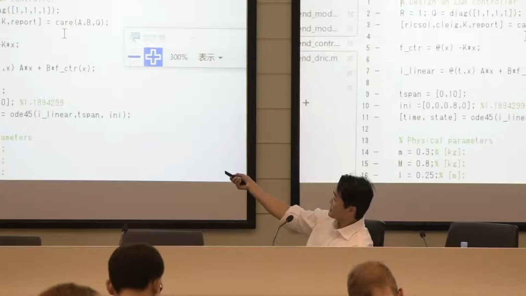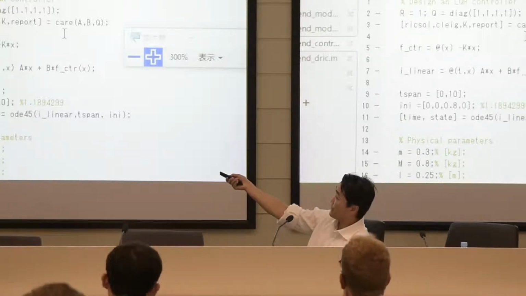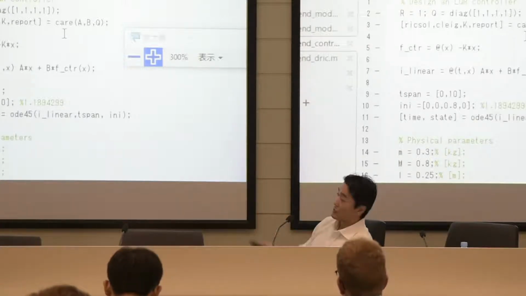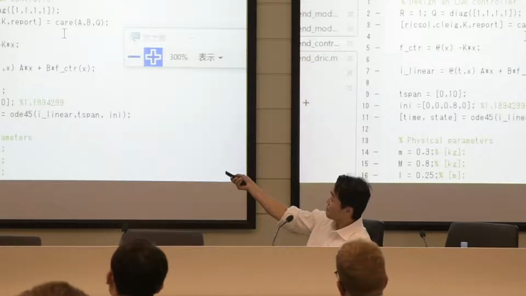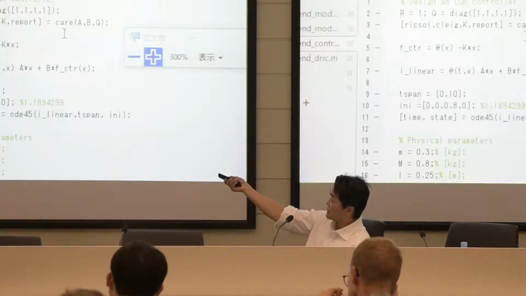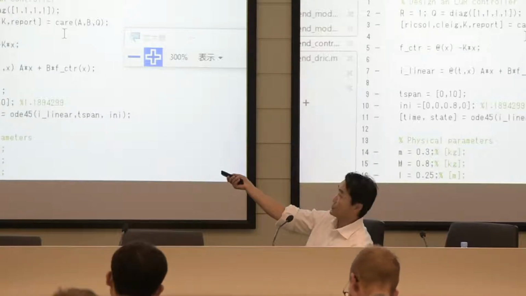And this is the system. There are A times X plus B times U. But U is F under bar control of X. So this is the closed loop system. And this left-hand side is the name of the differential equation, I under bar linear, because this is linear control and a linear system.